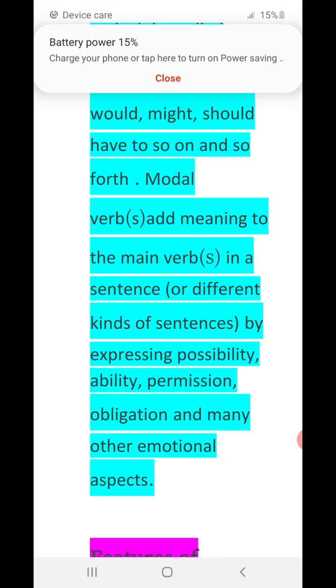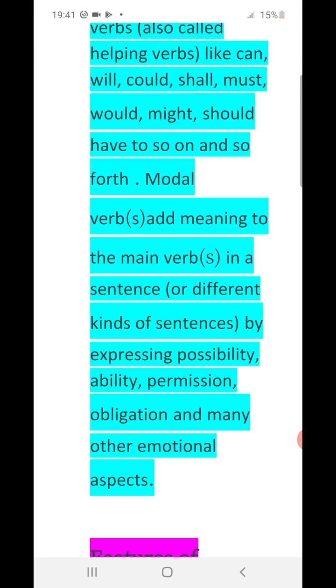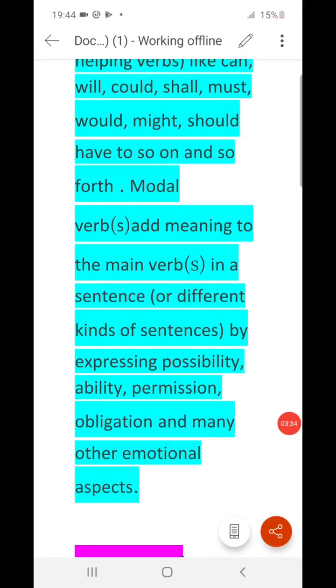Next, permission. Whether you are seeking permission or you are granting it. So, basically, that situation, that basic human feelings.